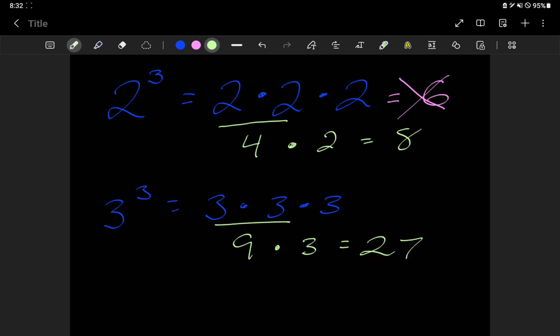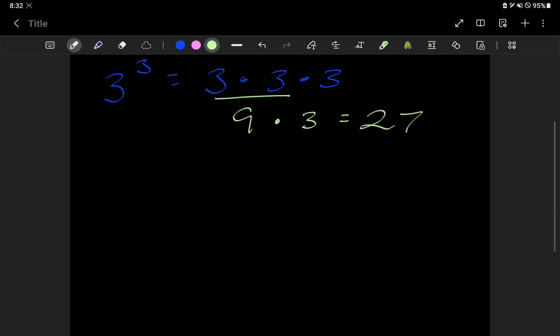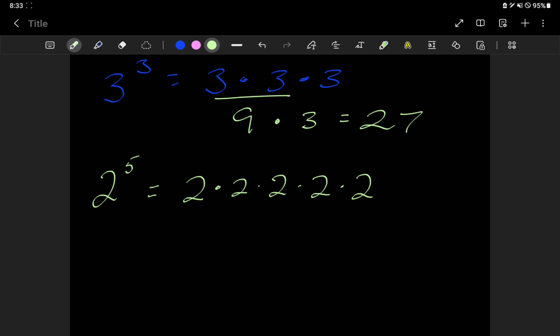And so, there was a question that said evaluate 2 to the fifth. That's 2 times 2 times 2 times 2 times 2. Well, that's 2 times 2 is 4. And then 4 times 2 is 8.